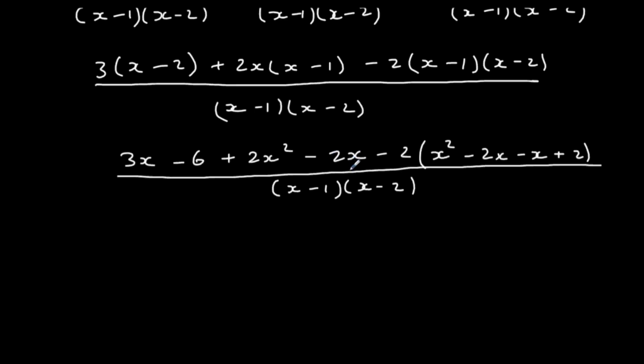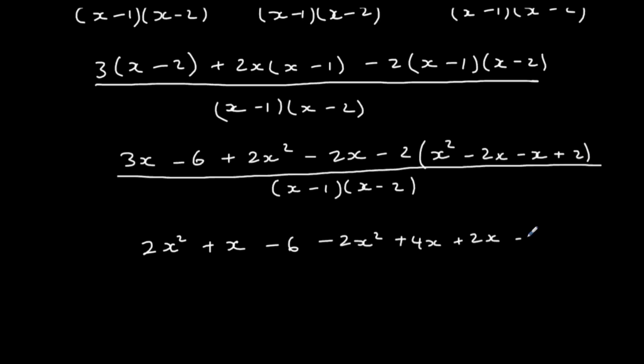So I'll collect what I can. There's not much I can collect. So I've got 2x squared. I've got 3x minus 2x, which is just 1x, and minus 6. I can't do anything else because this is all multiplied together. I can expand this bracket though. Minus 2 times x squared is minus 2x squared. Minus 2 times minus 2x is plus 4x. Negative 2 times negative x is plus 2x.